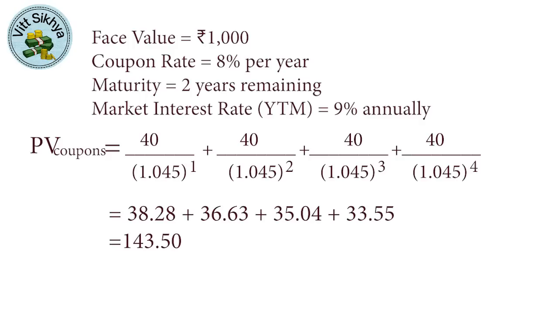Sounds complicated, but don't worry. All this is equal to 38.28 plus 36.63 plus 35.04 plus 33.55, which is equal to rupees 143.50.